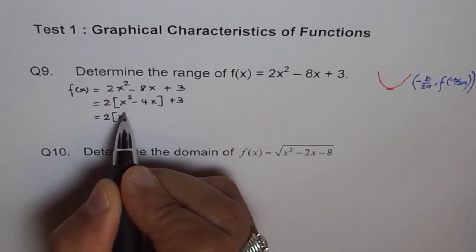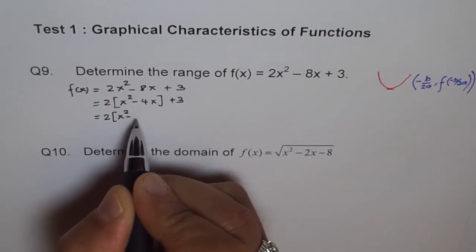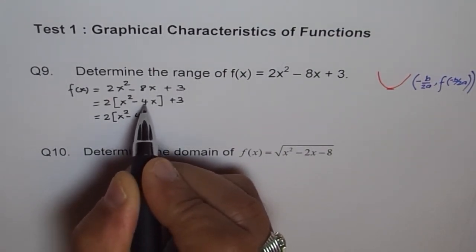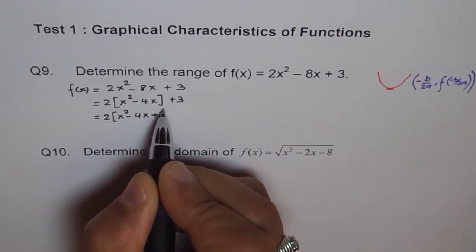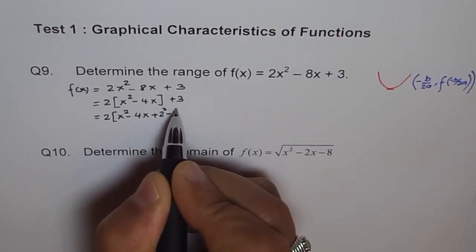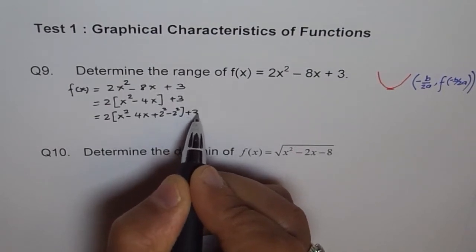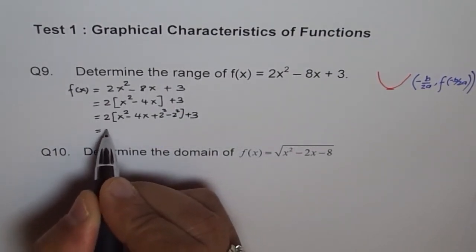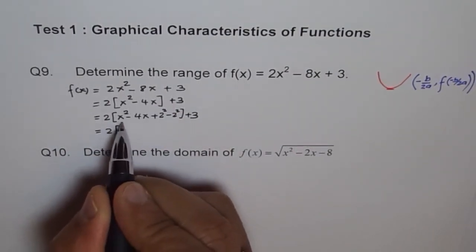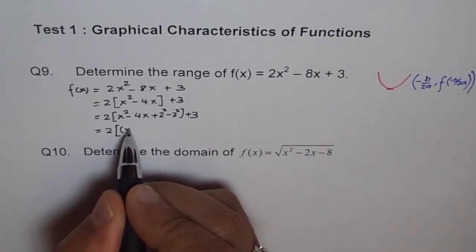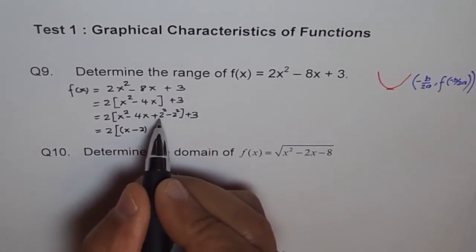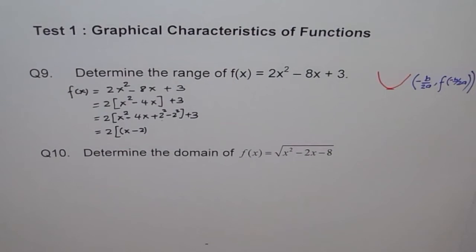And add and subtract its square. Half of 4 is 2, so we'll add and subtract 2 squared, plus 3, and this will give us a perfect square, which is x minus 2. The 2 comes from here, the minus from there, correct?